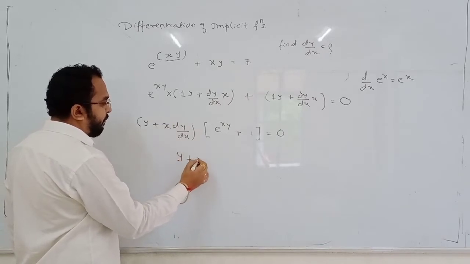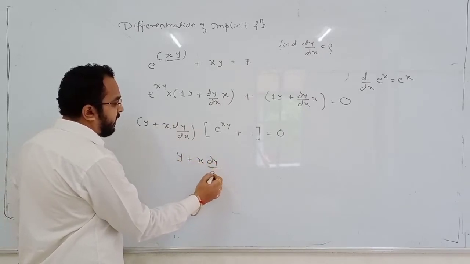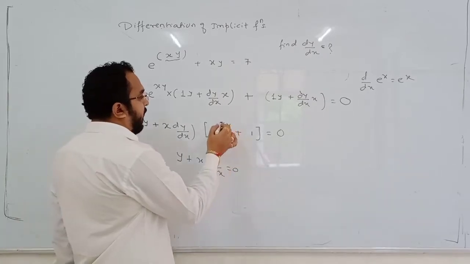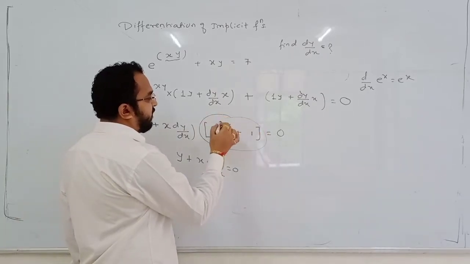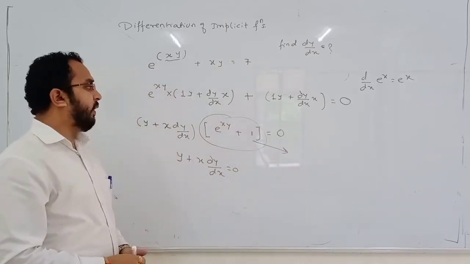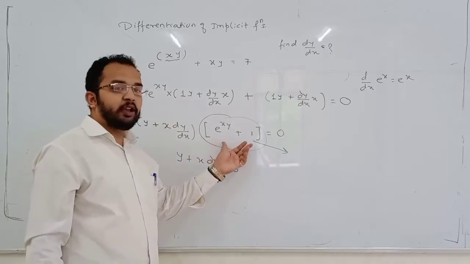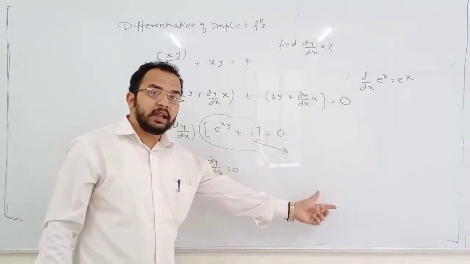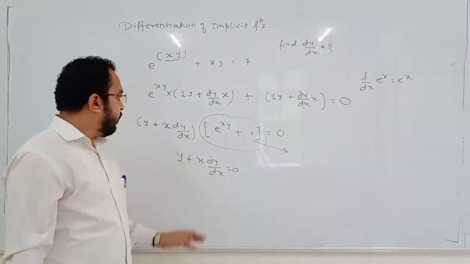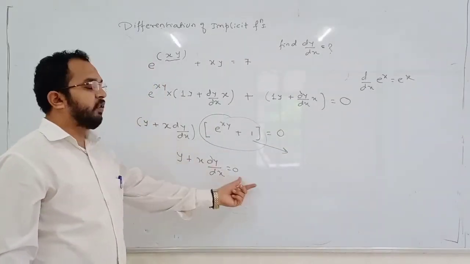So it will be y plus x dy by dx equal to 0. Or we can say it this way: I will divide here; this is in the numerator, and when it goes to the denominator on RHS, 0 upon something will be 0. So what happens? This one will be equal to 0.